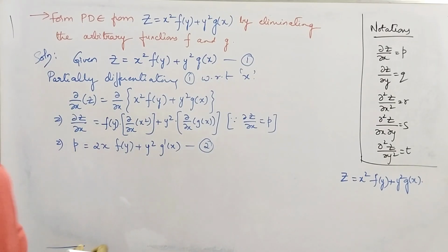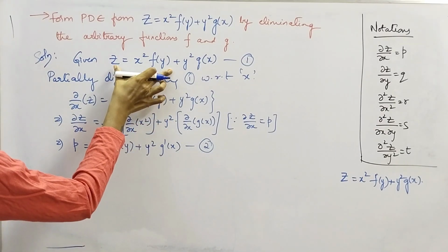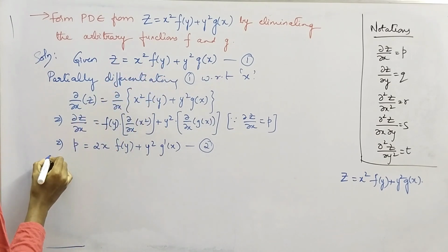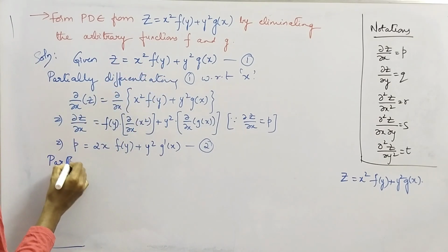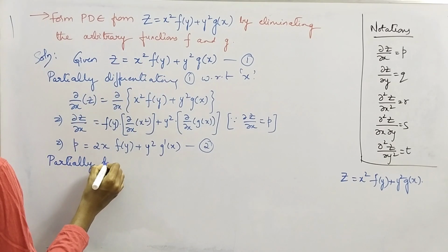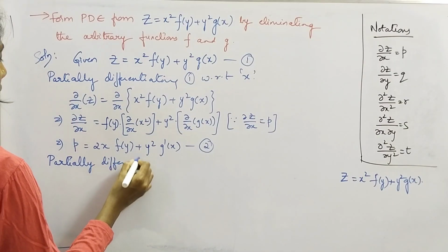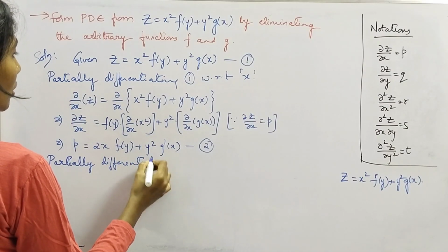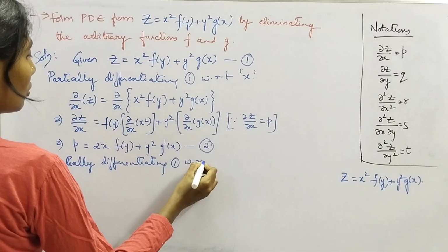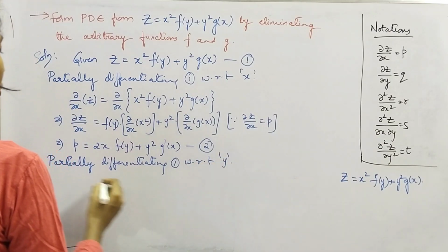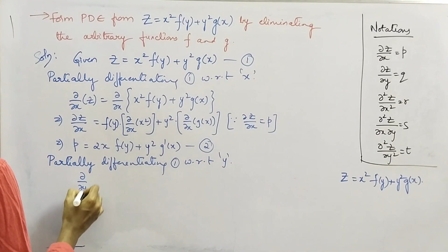Fine. Now let's find the equation involving q just by partially differentiating 1 with respect to y. Just apply dou by dou y on both sides of 1 or do directly.